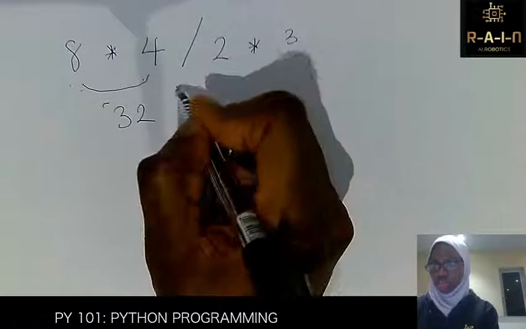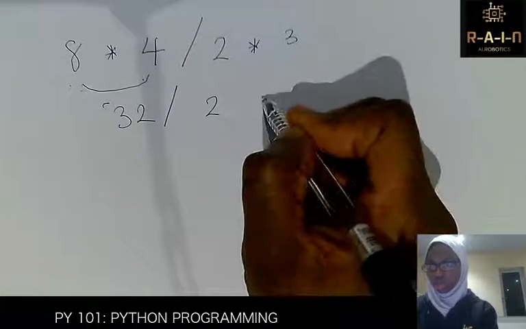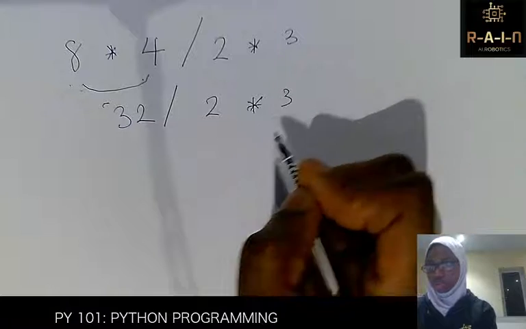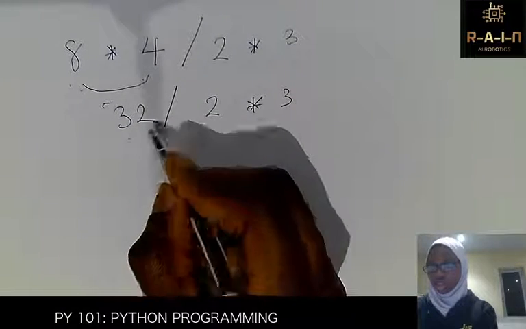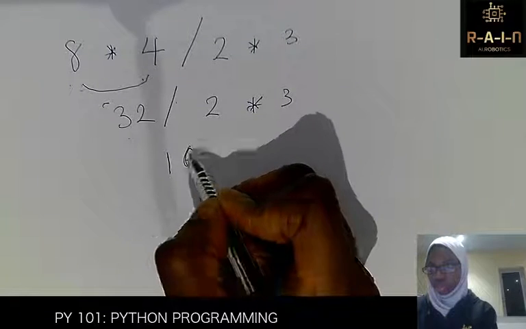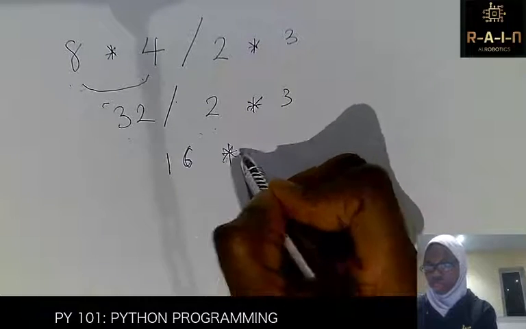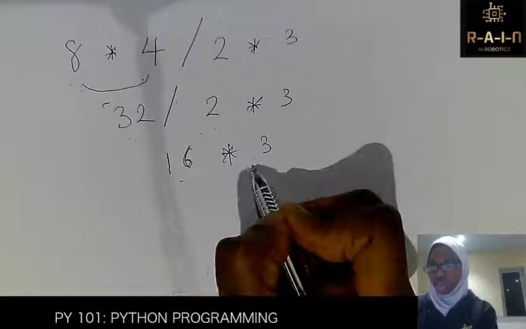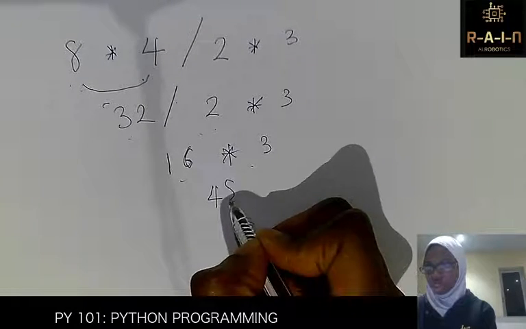So it's going to have 32 divided by 2 times 3. Next in line is division. So it's going to be 32 divided by 2, which is 16. So we have 16 times 3. 16 times 3 is going to give us 48.